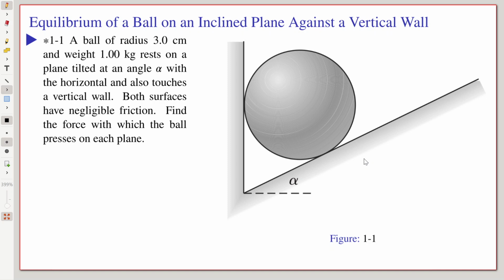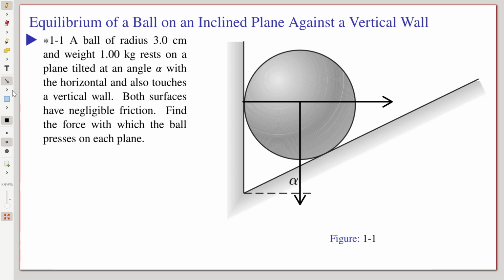Let me just get the first arrow. I suppose the wall exerts a force in this direction exactly, and there's also a gravitational force acting on the ball.